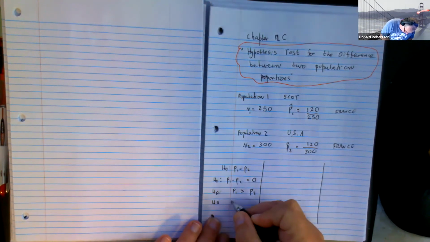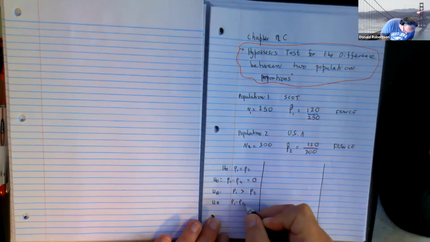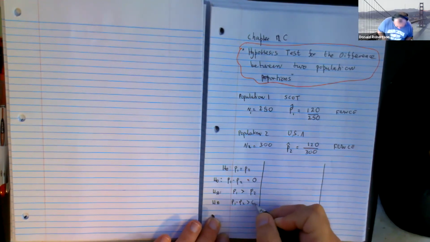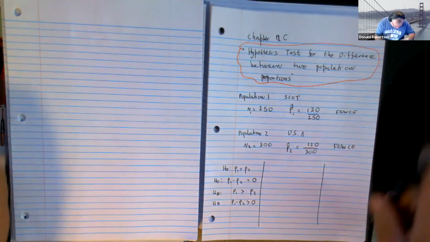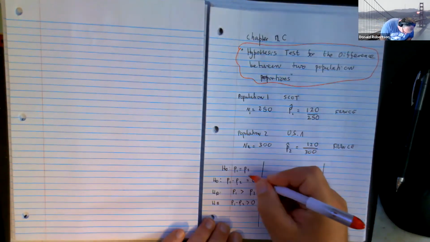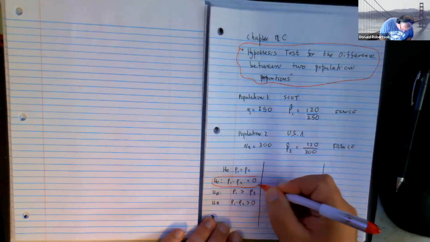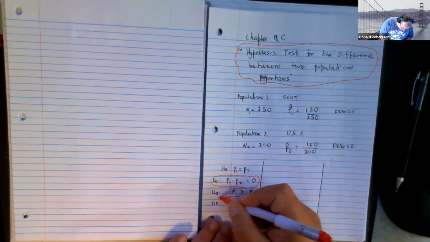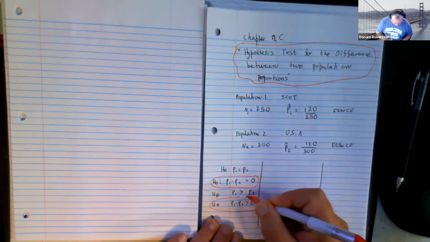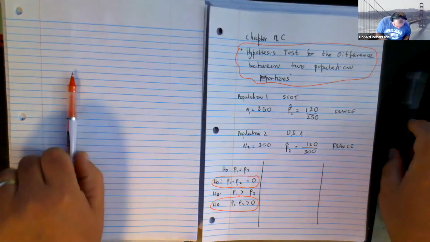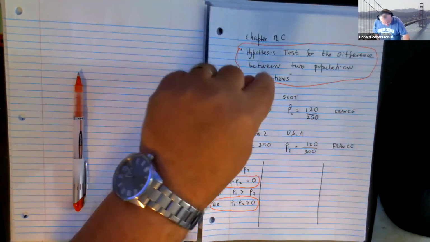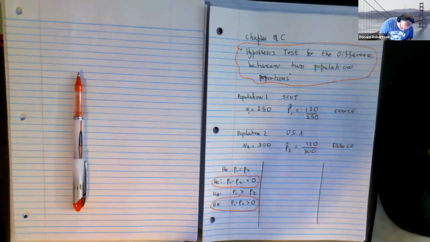We typically write it that way. So this is the normal way to write the null hypothesis, and this is the usual way of writing the alternate. And this would be for Scots bigger than Americans, right?